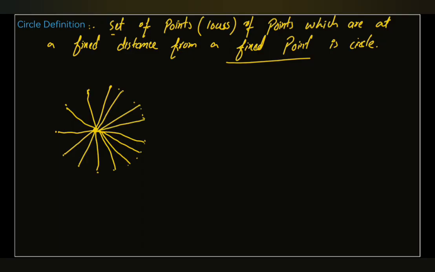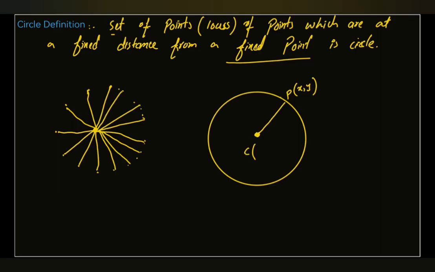If we draw a circle here and this is the fixed point, this circle is made by the locus of the points, the set of points. Its distance from this fixed point is the same. Let's suppose this is any arbitrary point. So we can say that this fixed point is the center of the circle.